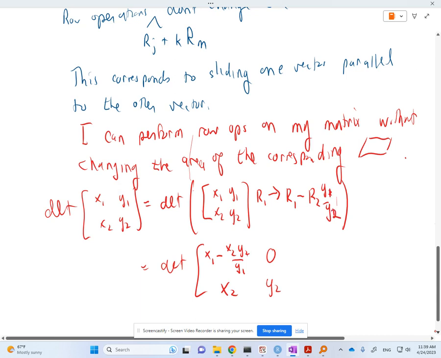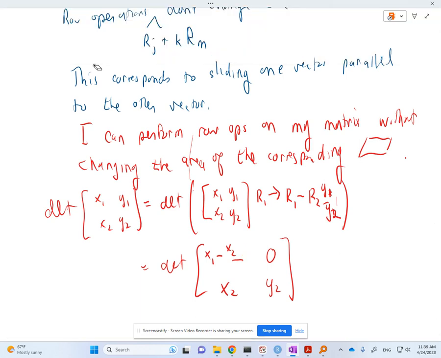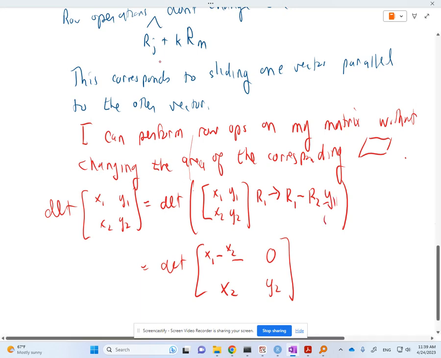And you can see that if I multiply y2 by y1 over y2, then that will cancel out. So let me just make that a little bit neater. I think it's probably better for me to be very clear about that. Okay, this would be y1 divided by y2. All right, so I have this determinant.